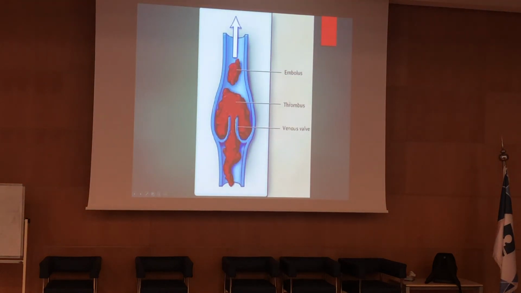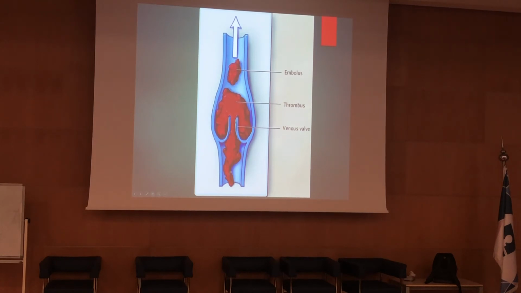So this is an example. Is this venous or arterial system? Venous. Why is it venous? The valves. So this is what the deep venous system looks like. If there is a collateral here connecting the deep venous system with the superficial system, a thrombus can travel from the superficial to the deep.